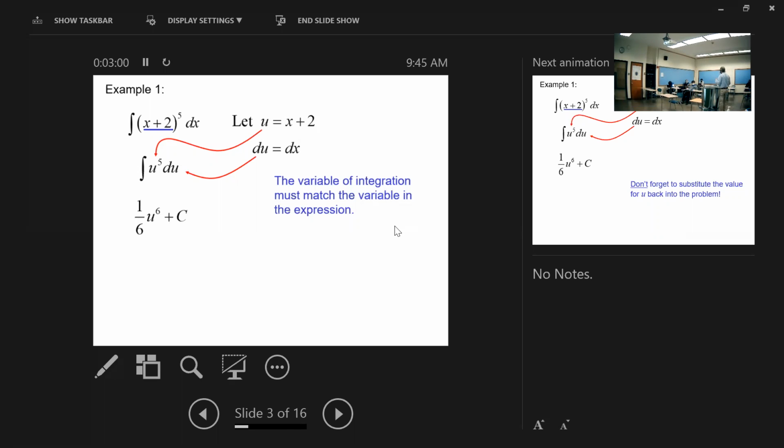When we do the power rule in reverse, we undo the subtraction first, and then undo the multiplication. So to undo the subtraction first, we replace 5 with 5 plus 1, and then we divide by that value.